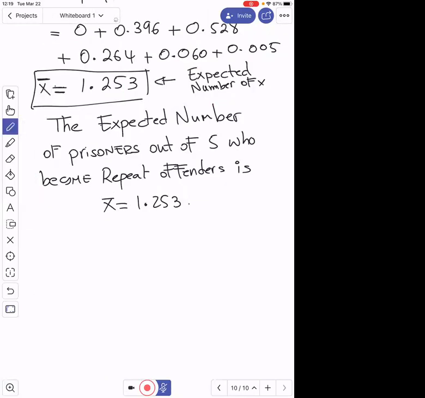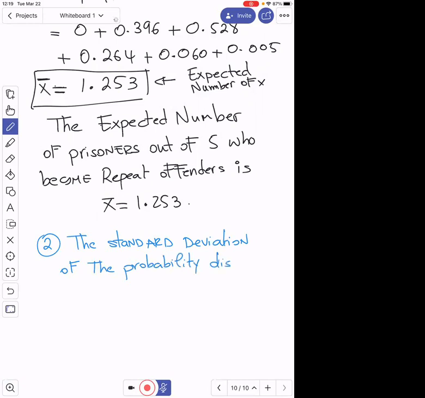Just to remind you why the standard deviation is useful: we use the standard deviation to measure the spread of the probability distribution.